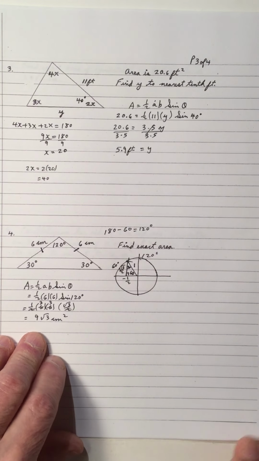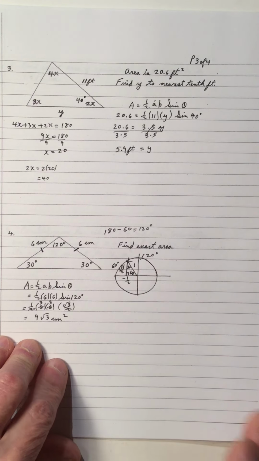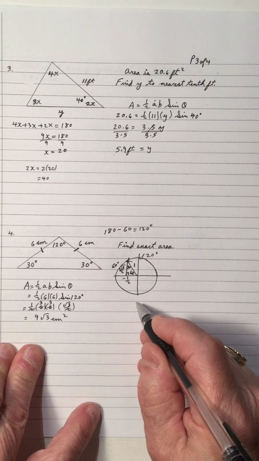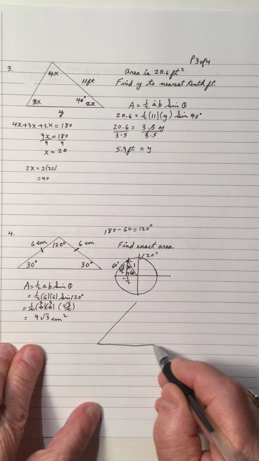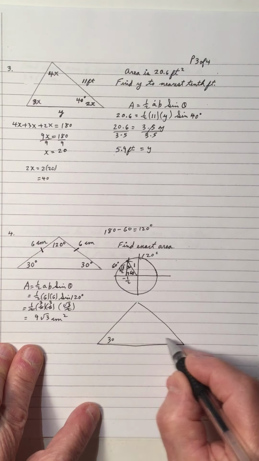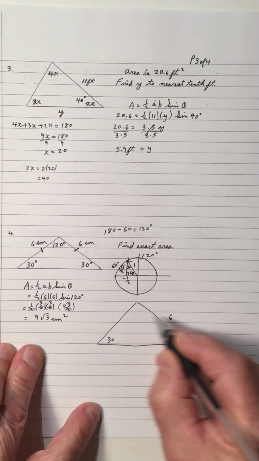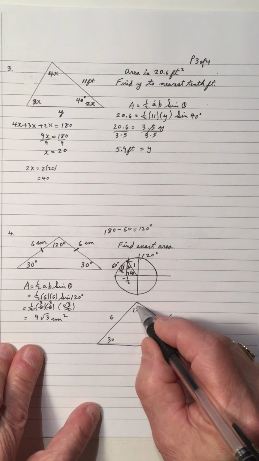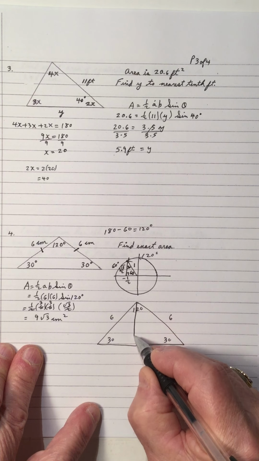While I'm at it, I'll explain it another way. Watch this. If we got a 30, a 30, and a 6 with 120, remember, because these two sides are equal, I can drop a perpendicular down here.